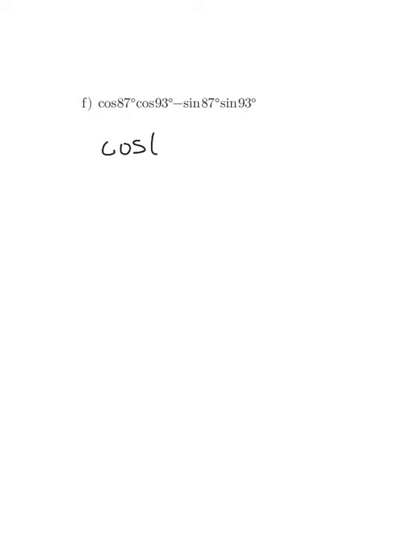Our two angle measures are 87 and 93. Because it was minus between them, that means that when we go to one function, it must be plus between them. This becomes the cosine of 180 degrees, and we know that that equals -1.